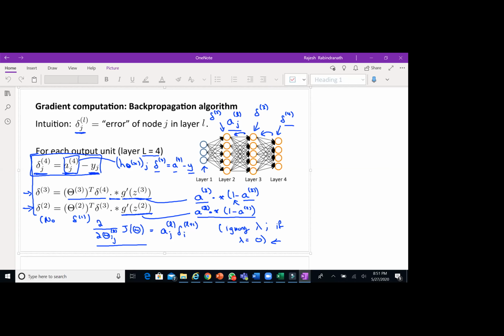How much the error will be backward propagated is determined by theta, because layer 4 is derived using the weightages for each of the values in layer 3. And then we wanted to see how much layer 3 itself is influenced by changes of the parameters. So these two together constitute the value.